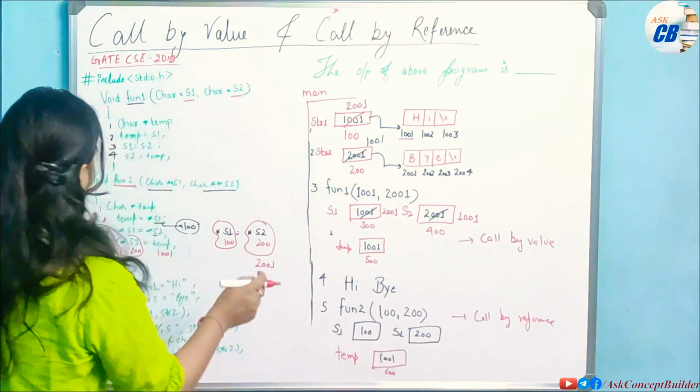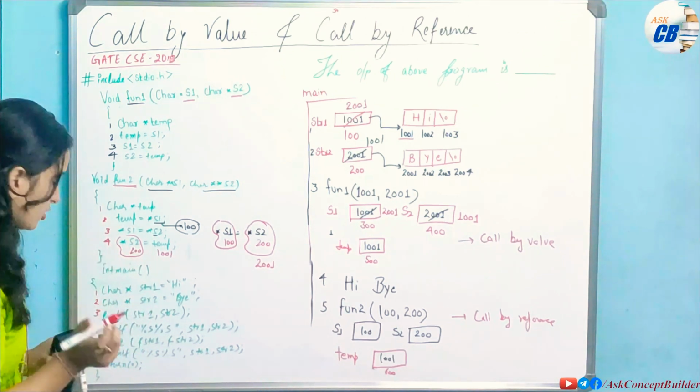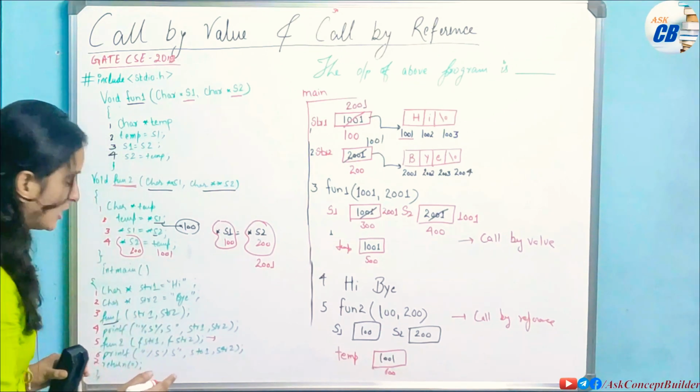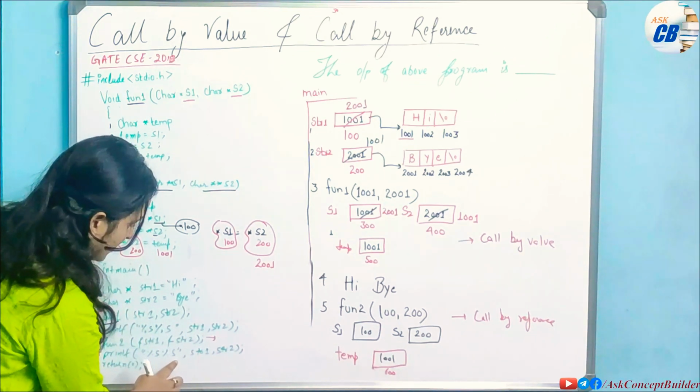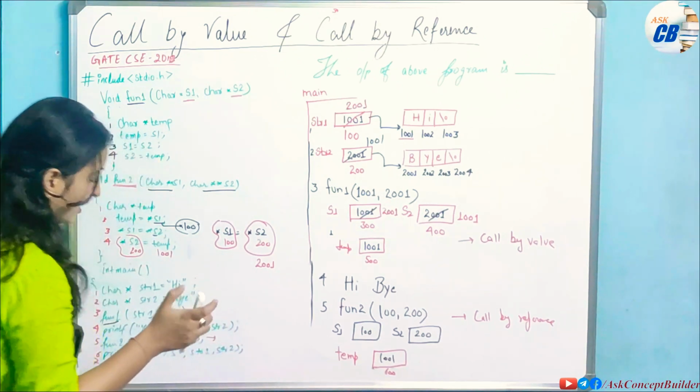Fine. Now see, all four steps are completed here. Now we'll return to the point from where it was called, the fun2 point. Now this is completed. Now we move to the sixth statement, printf of str1 and str2. Again you have to print str1 and str2.